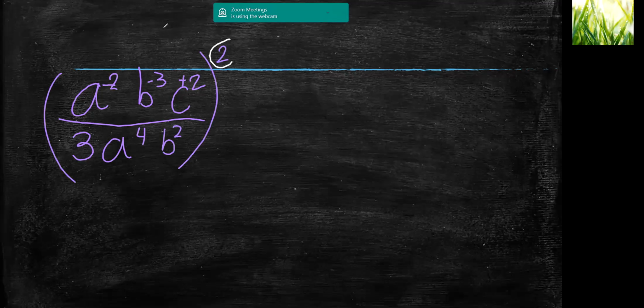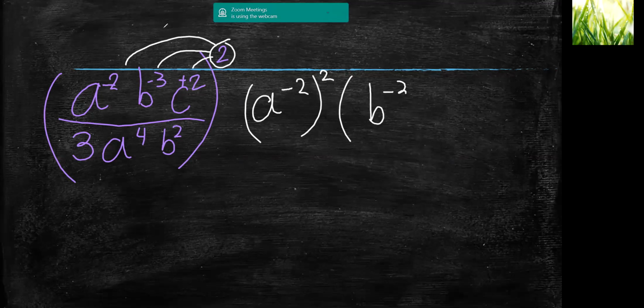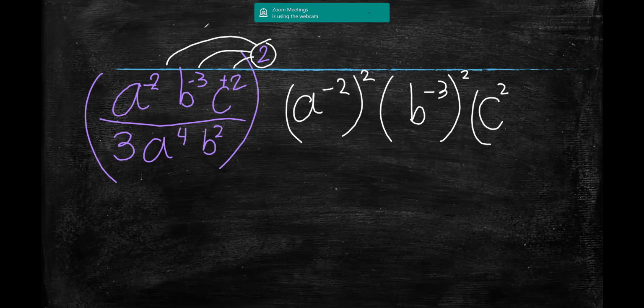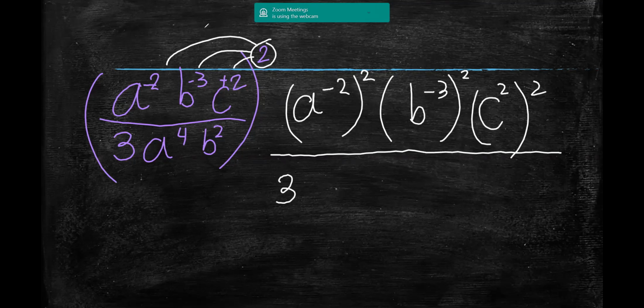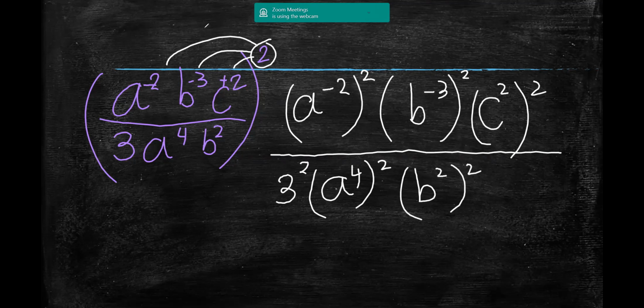We have to distribute the exponents in all terms. So it will be like this: a to the power negative 2 squared, b to the power negative 3 squared, c to the power 2 squared, over 3 squared, a to the power 4 squared, and b squared to the power 2. I distributed the exponent on each term. Done?